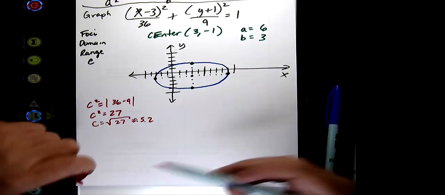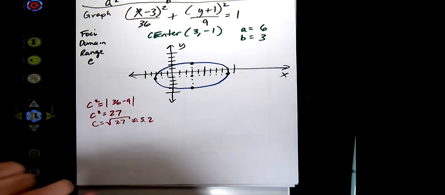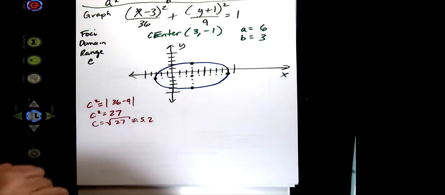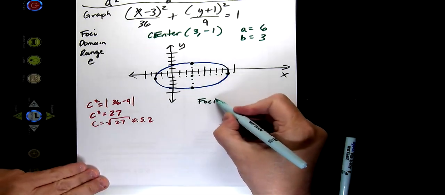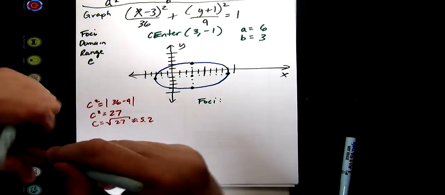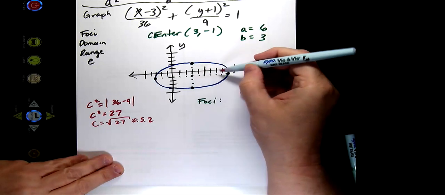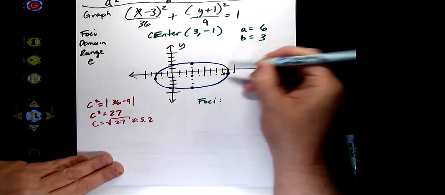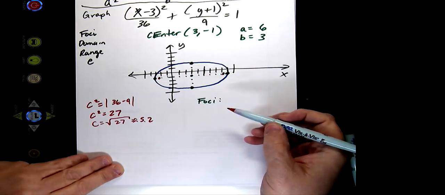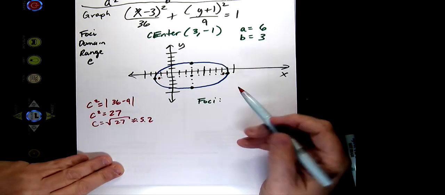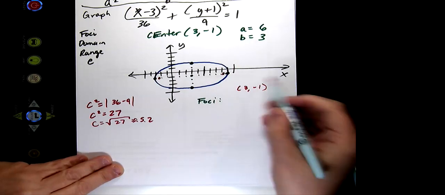Now, I'm not going to use the 5.2 to write my foci. I know they go along the major axis, and it will help me put dots for them. 5.2 is way over here and way over there. My center was at 3, -1.